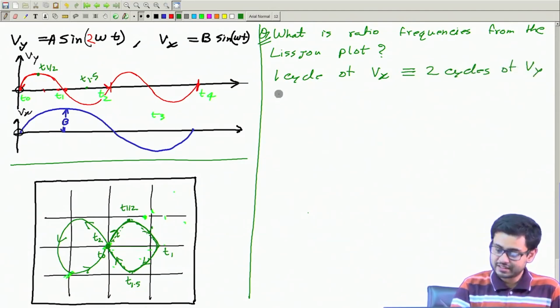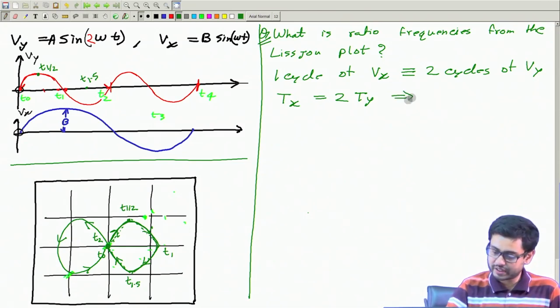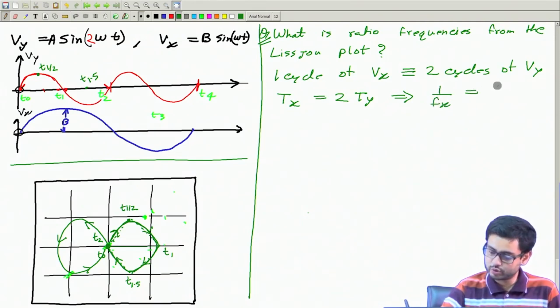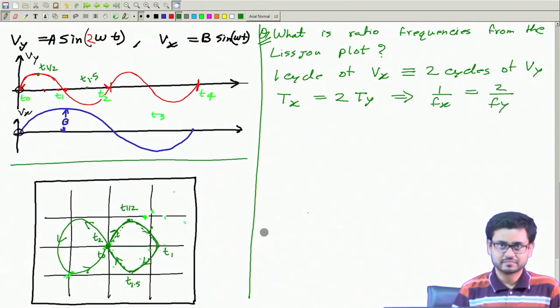So we can write that Tx, the time period of Vx, is the same as 2 times the time period of Vy. And from this you can write that 1 by Fx is equal to 2 by Fy.